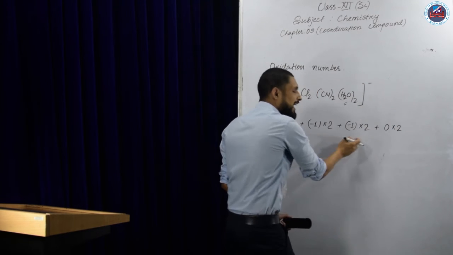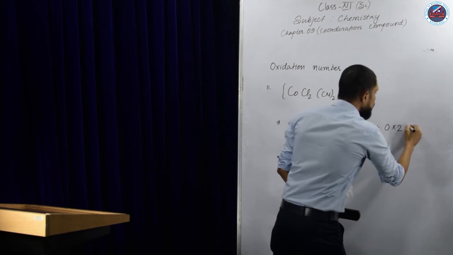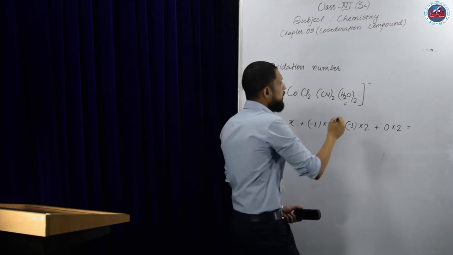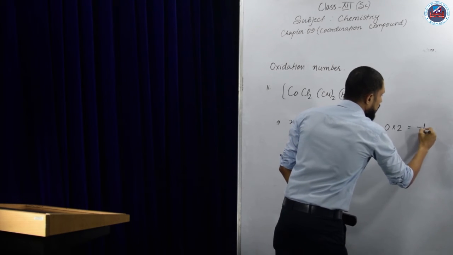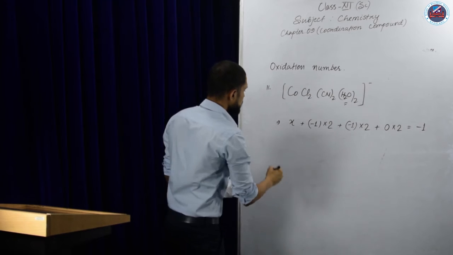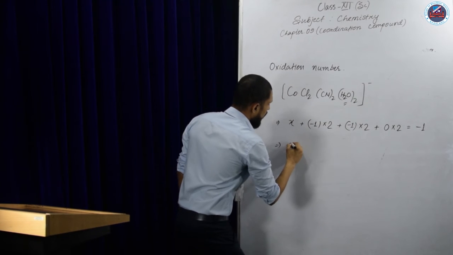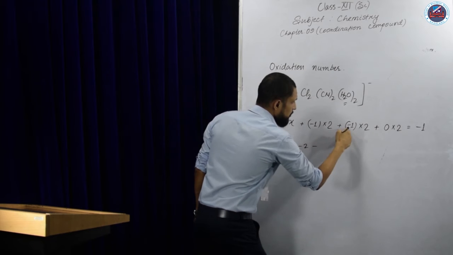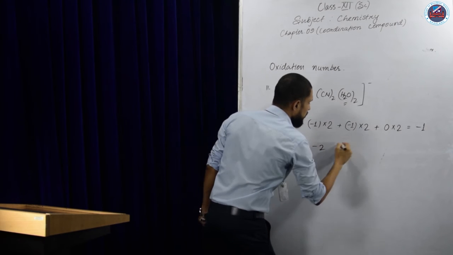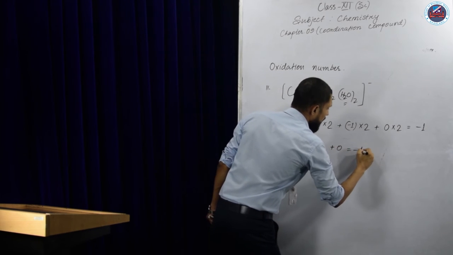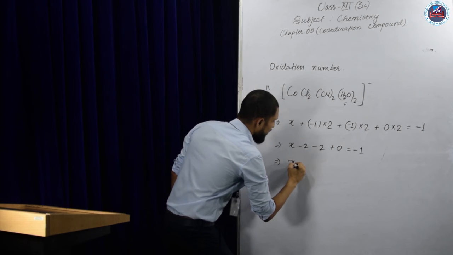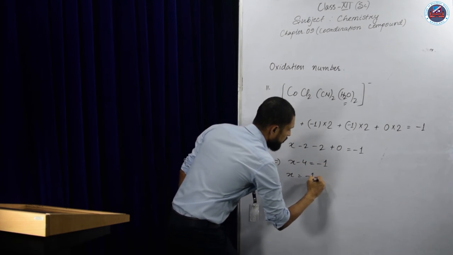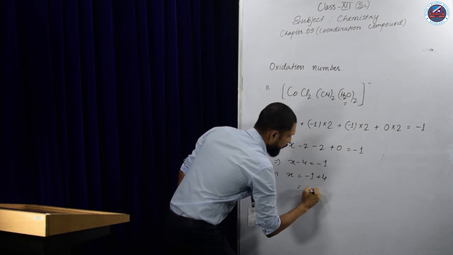So this is your left hand side. On the right hand side, you'll write the charge carried by this complex, that is -1. So X, plus -1 multiplied by 2 which is -2, plus -1 multiplied by 2 which is -2, plus 0 equal to -1, which implies X minus 4 equal to -1, so X equals +3.